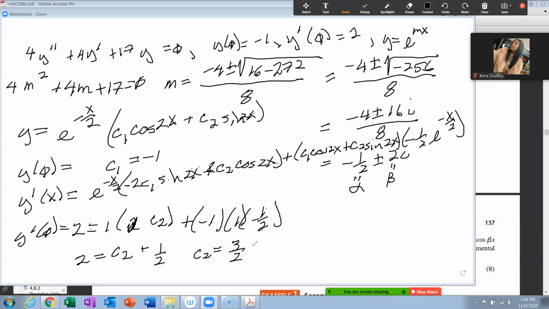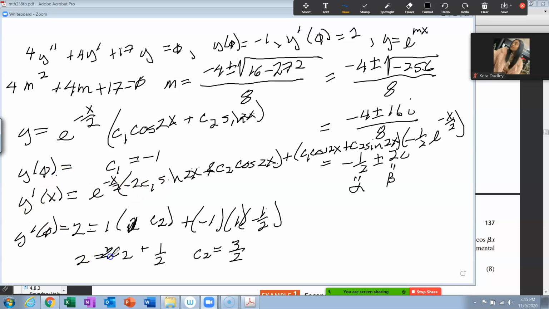I got 2c2, and it seems like I had a 2 there and wiped it out. Yeah, this was supposed to have been a 2 there. I had a 2 in there, and then I wiped out a 2. I don't know why I did that, but that should have been 2c2 here.